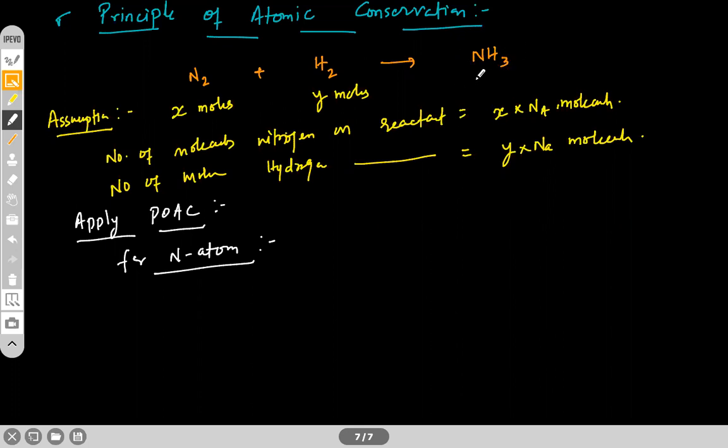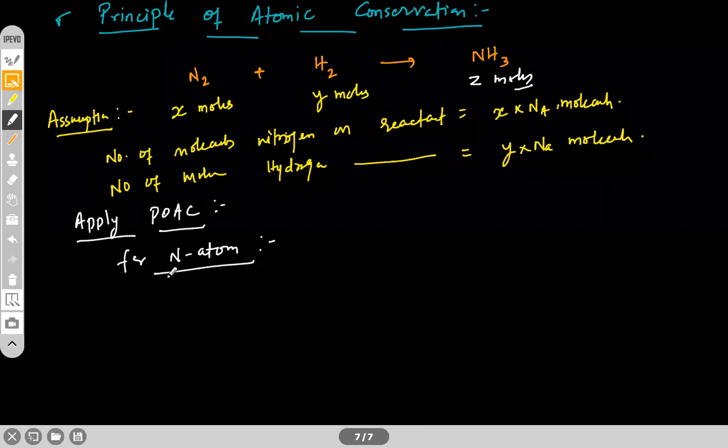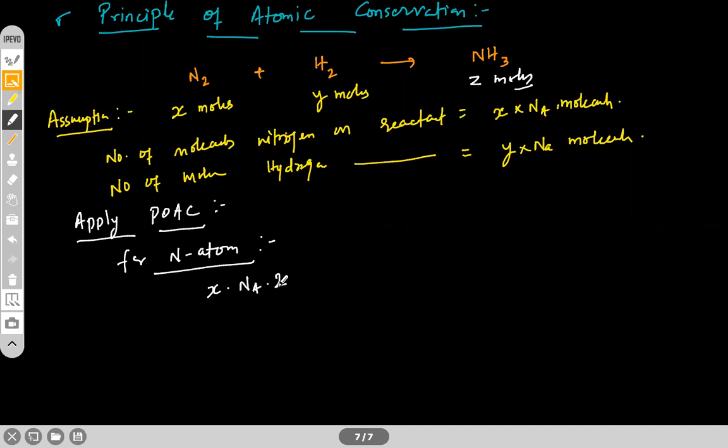For this, I am also assuming we have Z moles of NH3. So the number of moles we have assumed are X, Y, and Z. The number of nitrogen atoms on the reactant side: one molecule has 2 nitrogen atoms, so these many molecules will have X into Na into 2 nitrogen atoms. Yes or no?